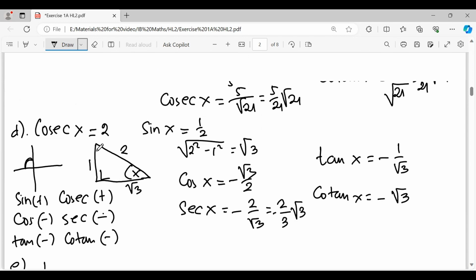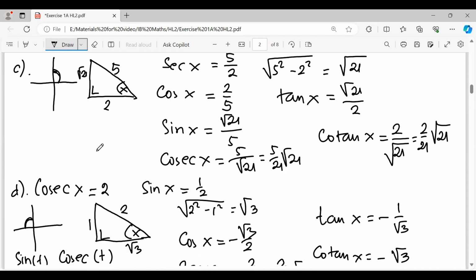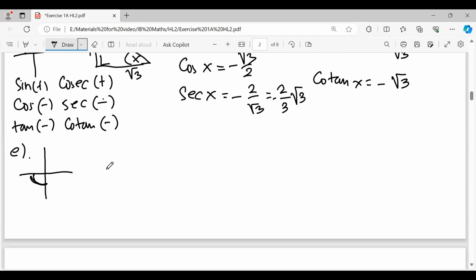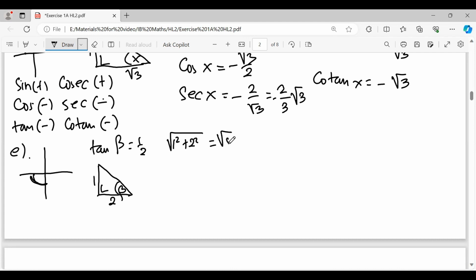Tangent beta equals half means the triangle, if beta is here, 1 here and 2 here, about the slope. 1 squared plus 2 squared, the root 5.